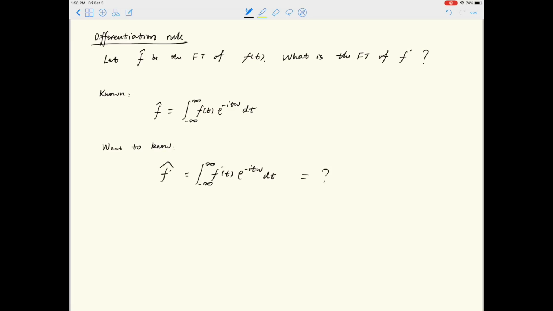I would suggest integration by parts. I know this is also what many of you would suggest if we were in a classroom. So by integration by parts, the integral here can be written as follows.